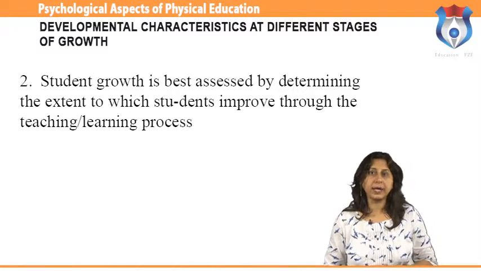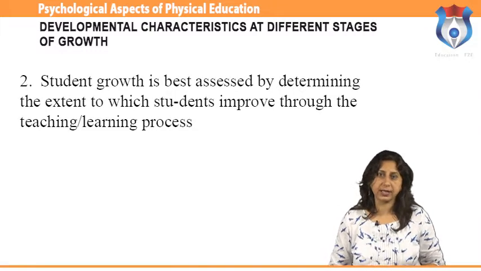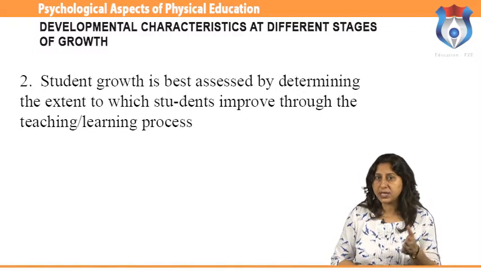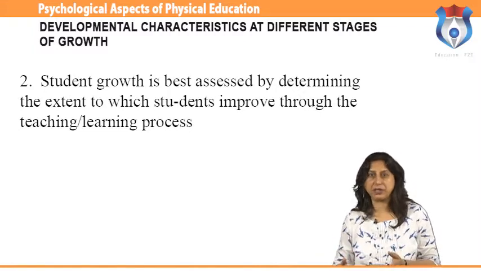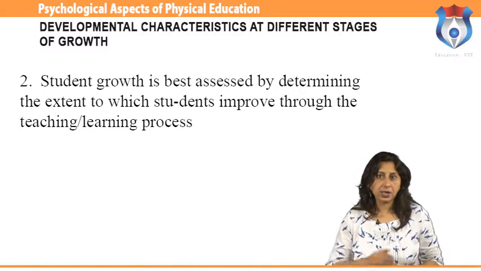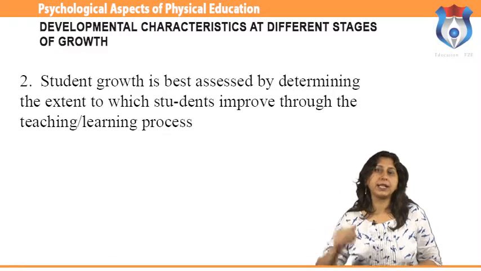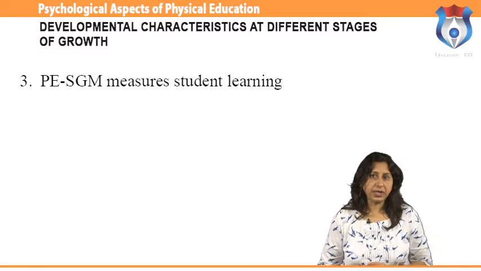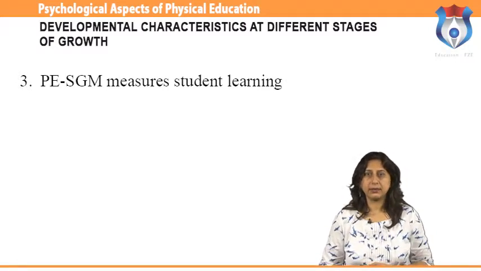Assessments using rubrics aligned with the state physical education standards were created. The student achievement levels are measured before instruction and again after instruction to demonstrate student growth through the teaching learning process. PESGM measures student learning.